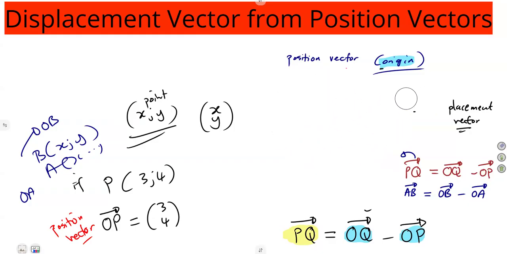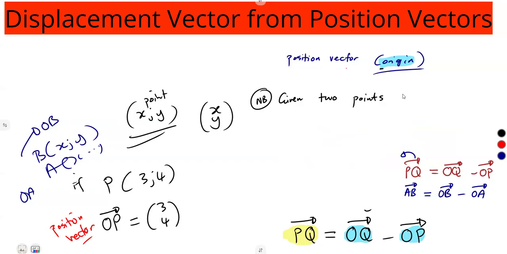Let's just take note. We can put this into conclusion to say, given 2 points, A and B, the vector AB will be equal to B minus A. So that's OB minus OA.